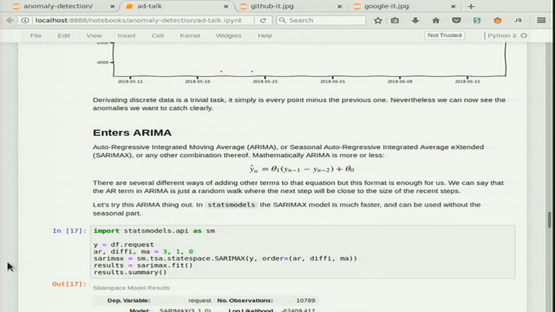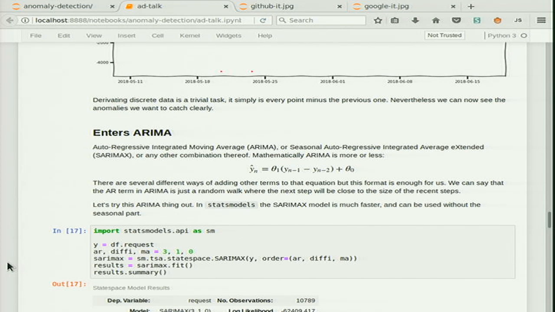Then there's ARIMA, which a lot of people love. It has a mathematical formulation, but in general it's an autoregressive integrated moving average, or SARIMA, seasonal autoregressive integrated moving average, and you can add even more terms to that. But in general, it's not much different from looking at the data yesterday and before, and thinking what the data should be today.